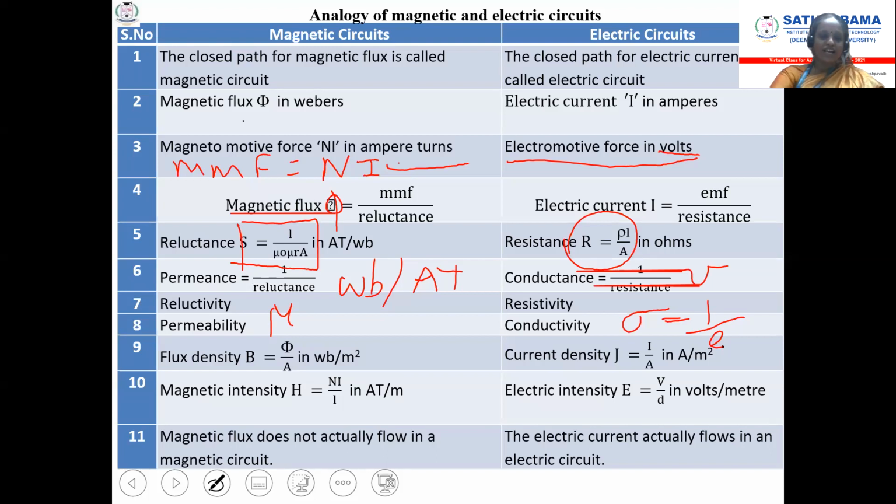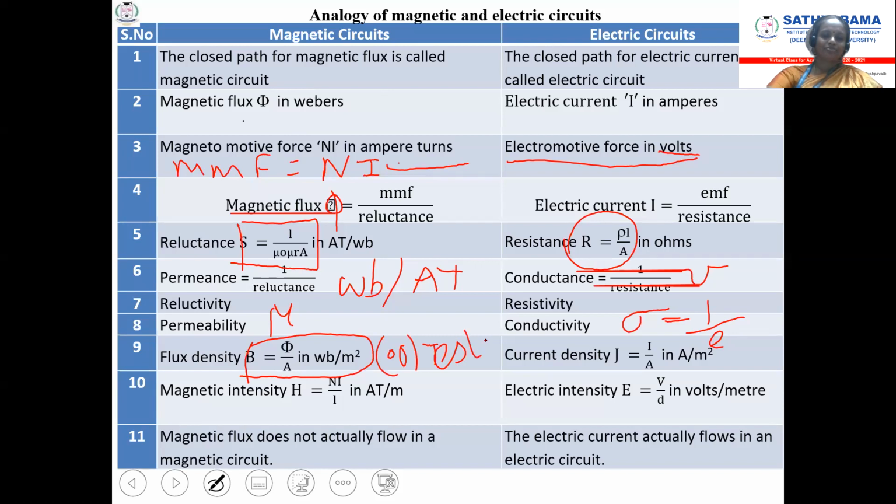Flux per specified area. So B equal to phi by A. Weber per meter square. Flux density is flux per area. And current density: I think here we didn't use the current density, but you have already studied that current per unit area is nothing but current density. So current density means current per area. Obviously here it is Weber per meter square, and I told you Tesla.